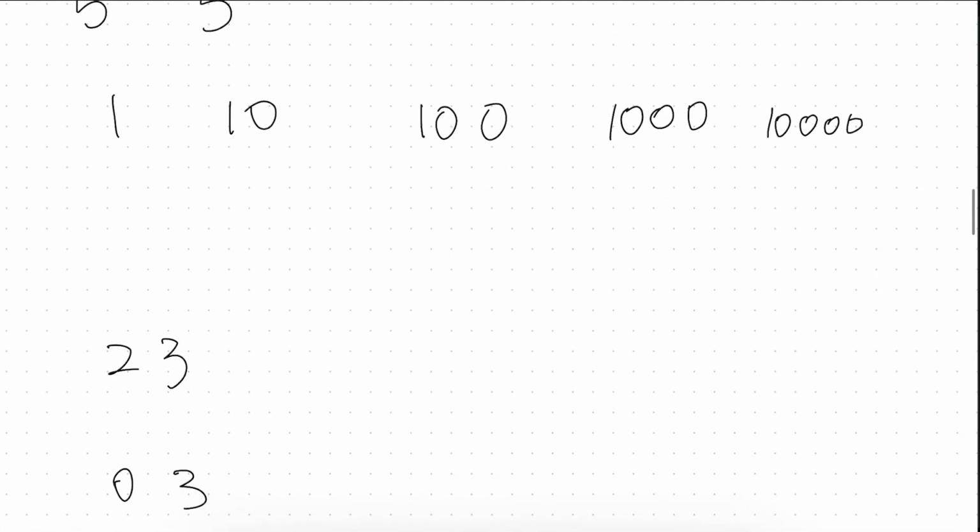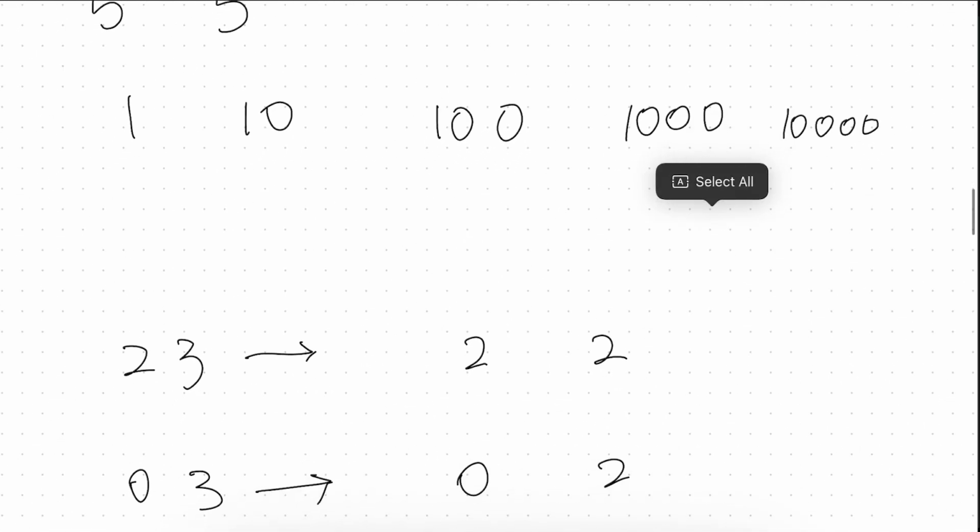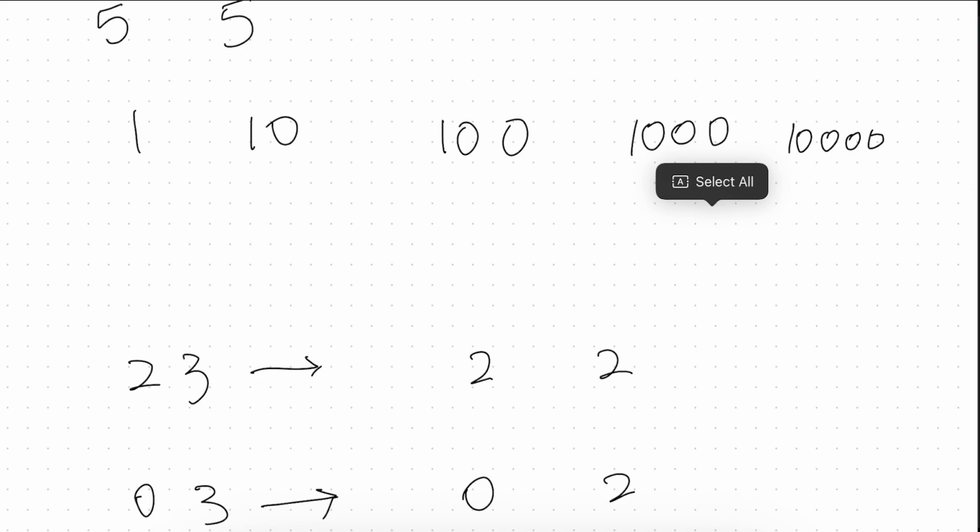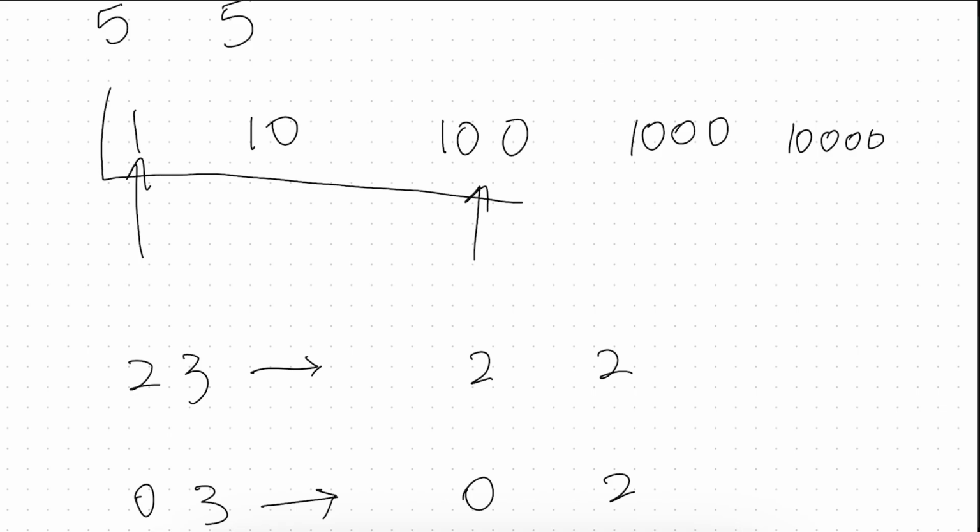So 2, 3 is telling us we start from index 2 and we end on index 3 minus 1 equals 2. And 0, 3, we start on index 0, and then end on index 3 minus 1 is 2. So a demonstration of that would be we start from 2 and end on 2. So that's 100. And then we start on 0 and we end on 2 again. So we would add all of these numbers up and it would be 111.